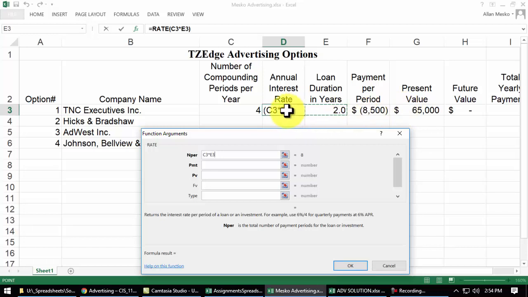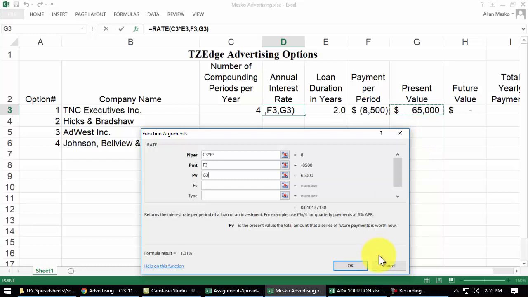All right, so that's our first argument. The second one is the payment. This is the payment made each period, and it cannot change over the life of the loan or investment. So there's my payment right there. What's the third thing? The third thing is the present value. That's how much I'm borrowing. So there's my third thing.